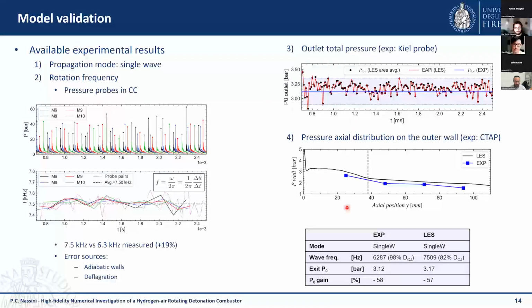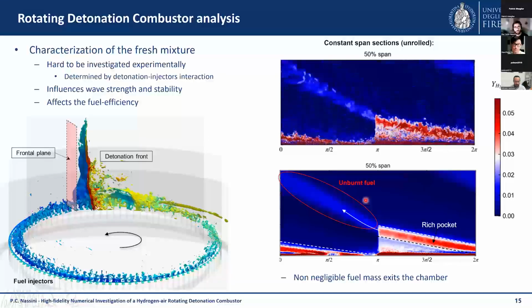Overall, if we consider the comparison to experiments, we can see that the model is aligned with the experiments, allowing us to do some post-processing and also complement the experiments, providing additional information.